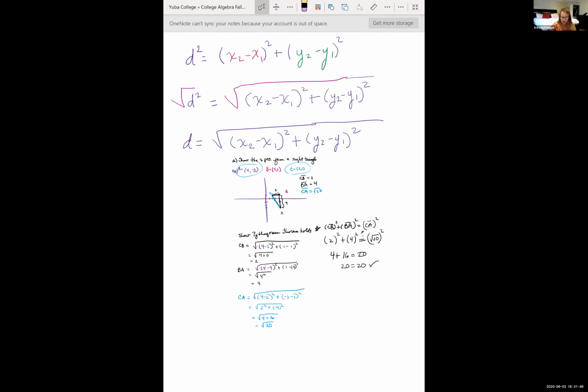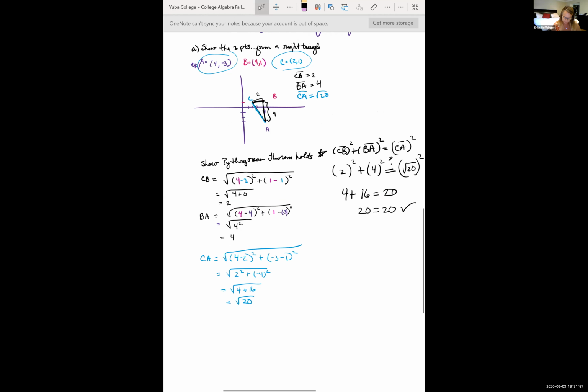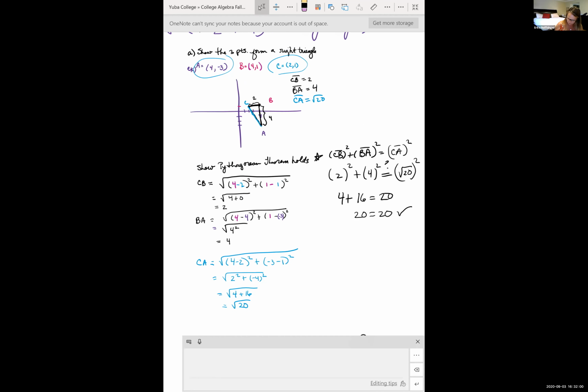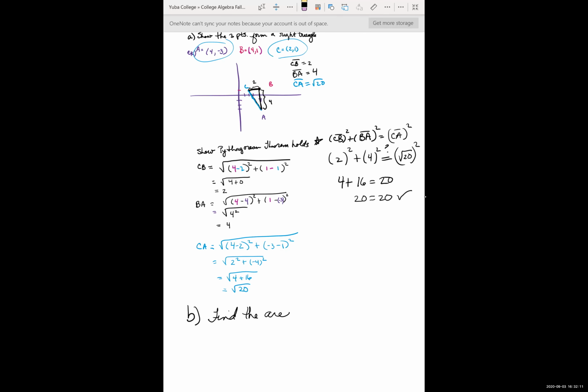And then the next part in there was asking that you show or find the area. We know the area is equal to 1/2 times base times height. And we already did all that work up here.